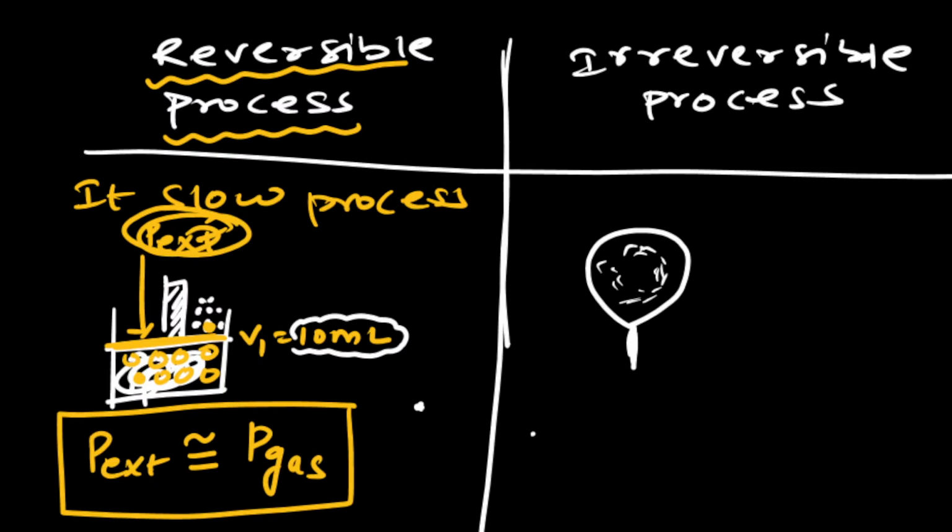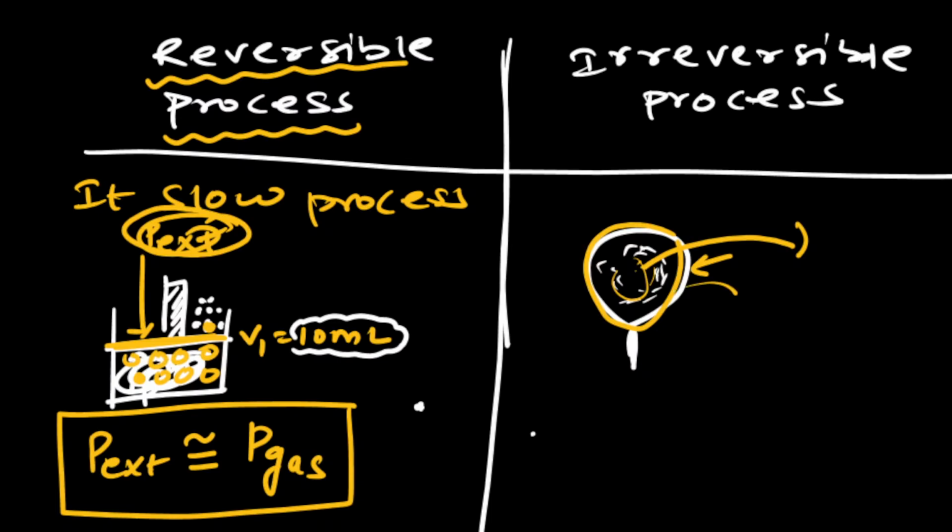Now, when I give fire to this balloon, what will happen? This balloon will burst. Clear? When this balloon bursts, how much volume has changed, I cannot see. It happens within a fraction of seconds.